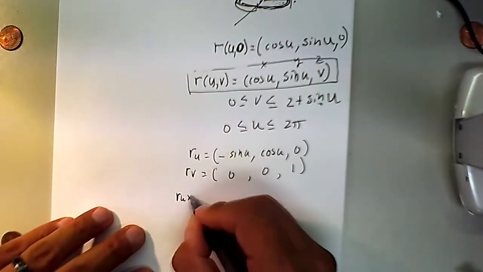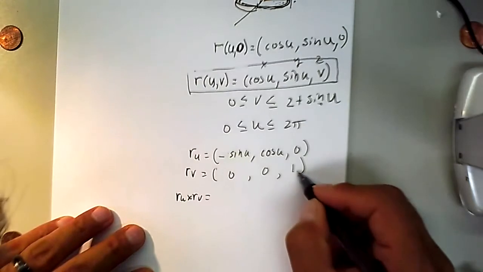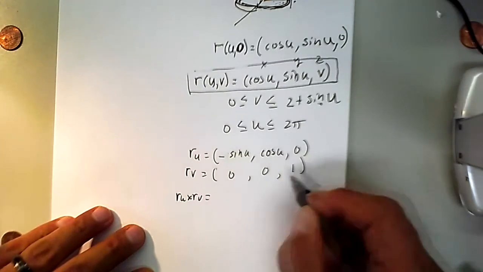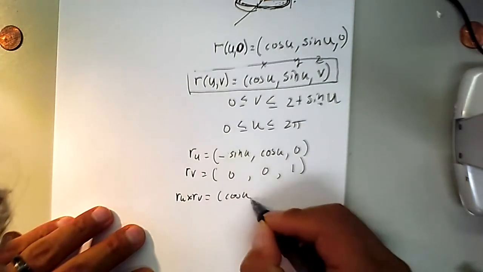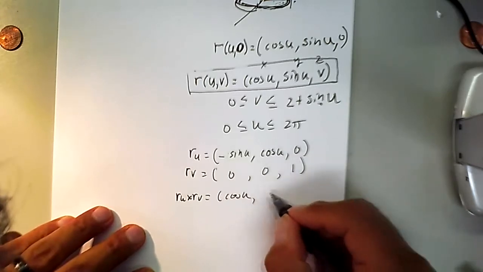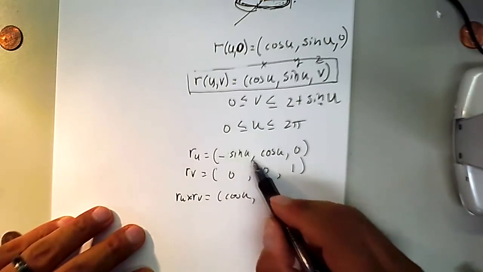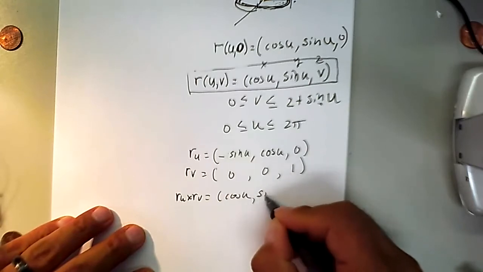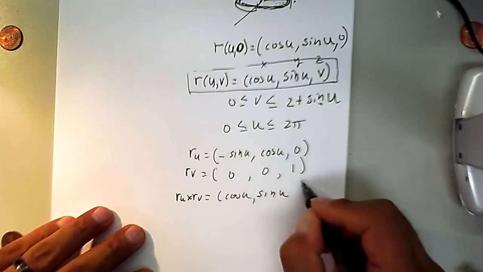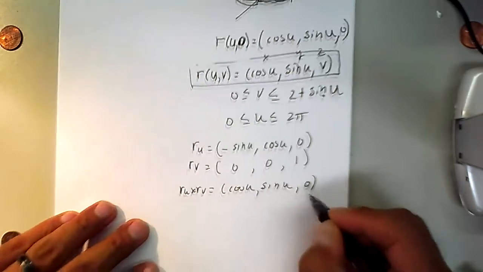R sub U crossed R sub V gives cosine of U, sine of U, positive, and 0.